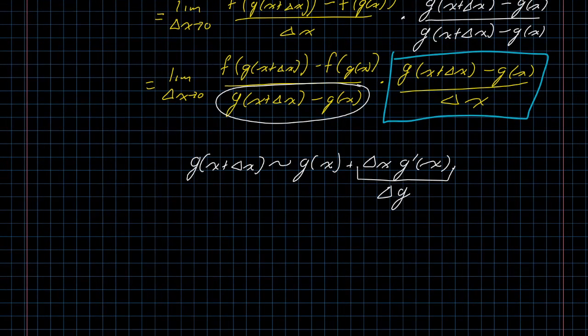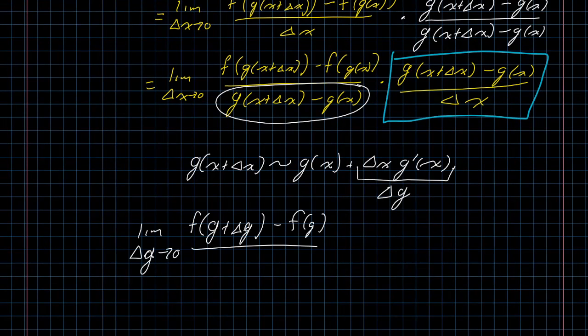So I can think of this as the limit as delta g goes to 0 of f of g plus delta g minus f of g, all over g plus delta g minus g, which is just delta g.